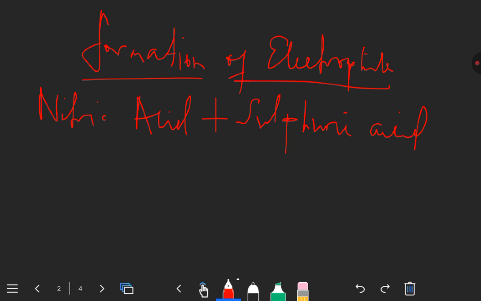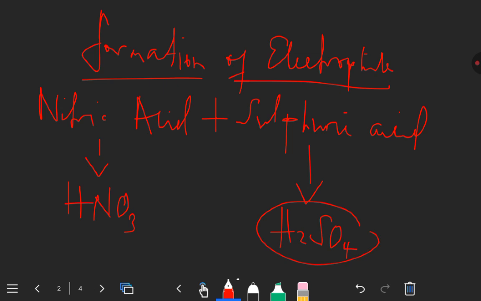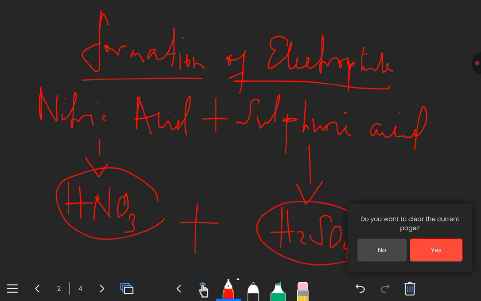So how are we going to form this? We know that the chemical formula for nitric acid is HNO3. Then for sulfuric acid, it is simply H2SO4. So we are going to react this sulfuric acid with this nitric acid to form the electrophile. So let's start the process.